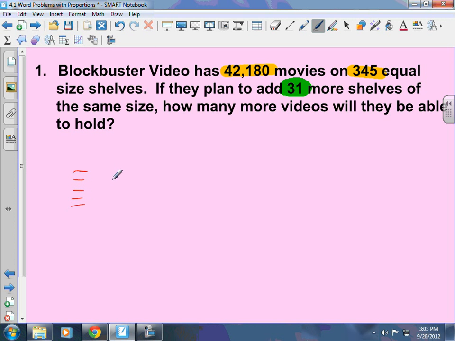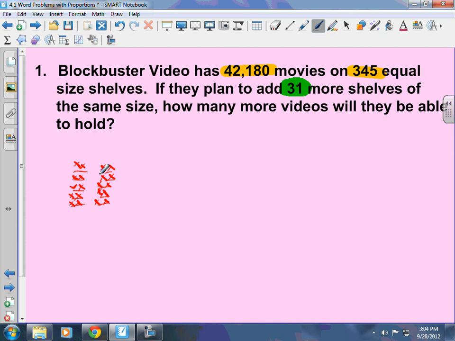It goes like this. 1, 2, 3, 4, 5, 6, 7, 8, 9, 10. So let's say I have 2 movies on each shelf. So I have a total of 20 movies.